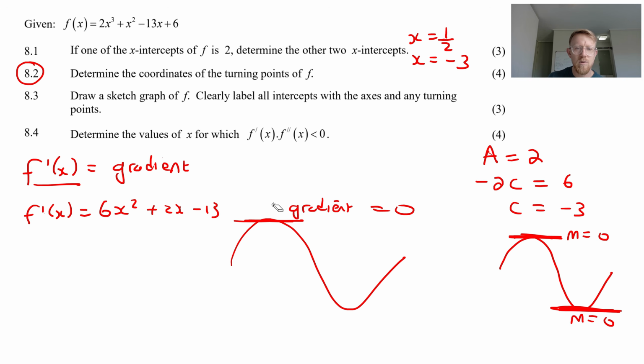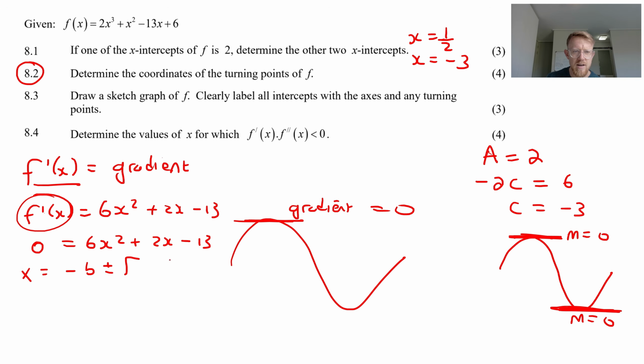Now we said that to find turning points, it's where the first derivative must be equal to 0. So we make it equal to 0. And now we're just going to go and solve this. You can try factorize. I'm just going to use the quadratic formula. I'm feeling a bit lazy to factorize. I don't even know if that one would factorize nicely. Remember that this would be your a in this equation, this would be b, and this would be c.